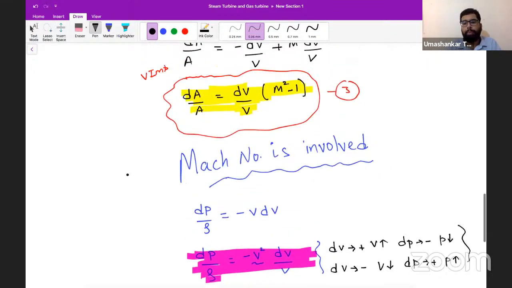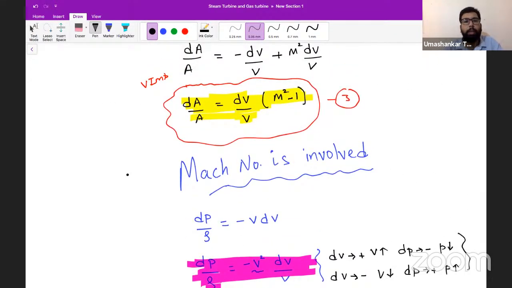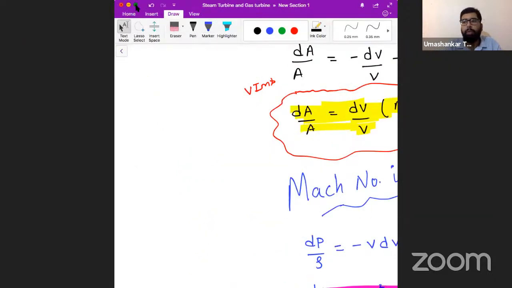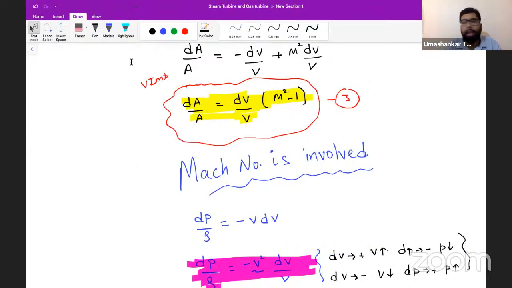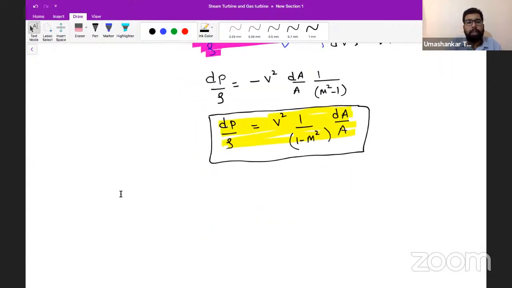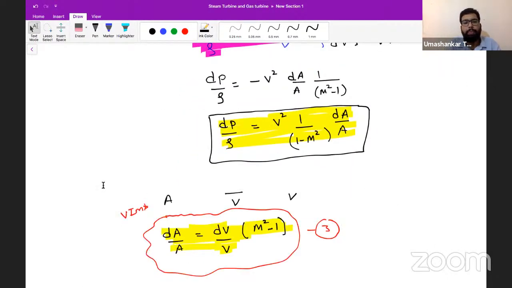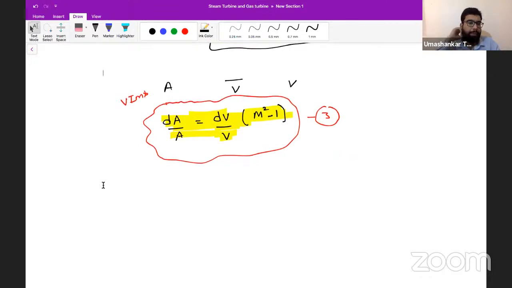Now I have to design my nozzle. Let me copy this relationship and see what is going to happen. So we have this relation copied, and we are going to design the nozzle here.